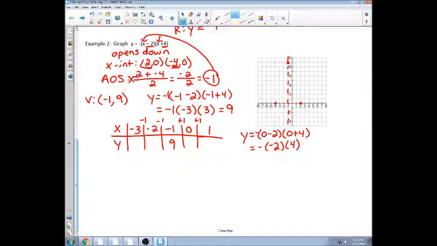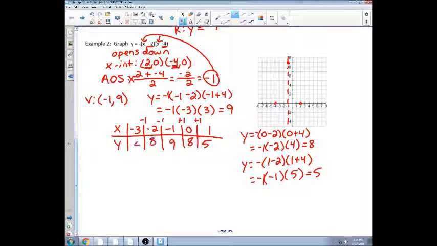Well, -1 times -2 would be +2, times 4 would be 8. The next step is to put 1 in for x. So this would be -1, 5. -1 times -1 would be +1, times 5 would be +5. So this would be 8, this would be 5.